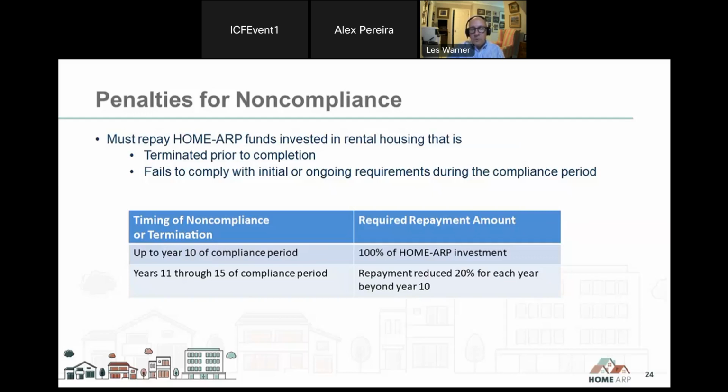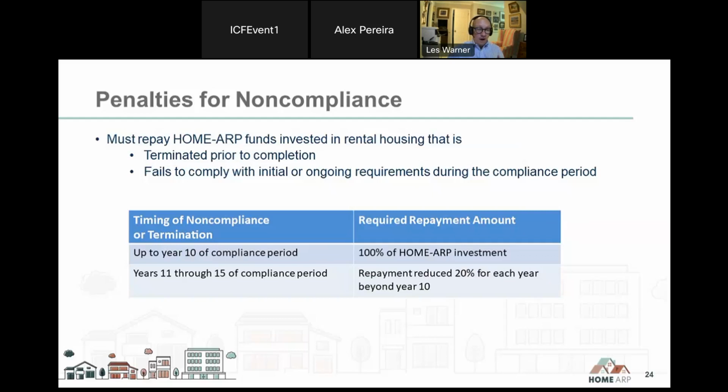So once we are in year 11 through 15 on our compliance period, the amount that would be required to be repaid is going to be reduced on a pro rata basis. So 20% will be essentially forgiven for each year that that project has completed beyond that initial 10 years.